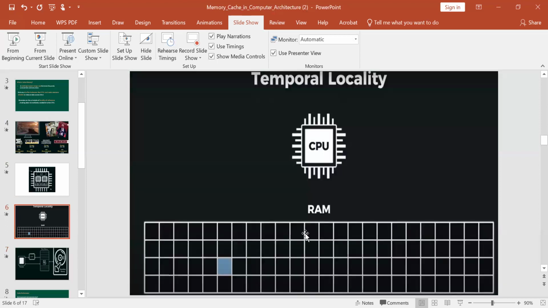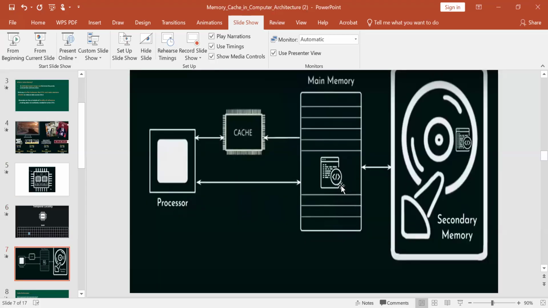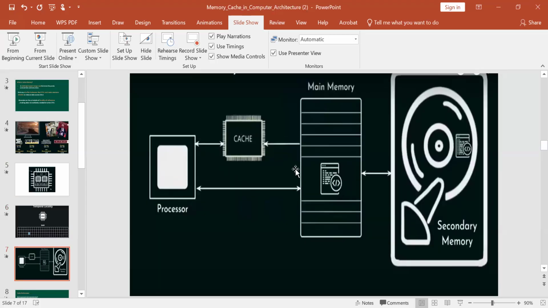So we'll take this as an example. We have a game ongoing, or any program running, and then the processor needs to access data from this bit or from that bit. Moving from the processor and fetching the data from the main memory or the secondary memory takes quite a long time.